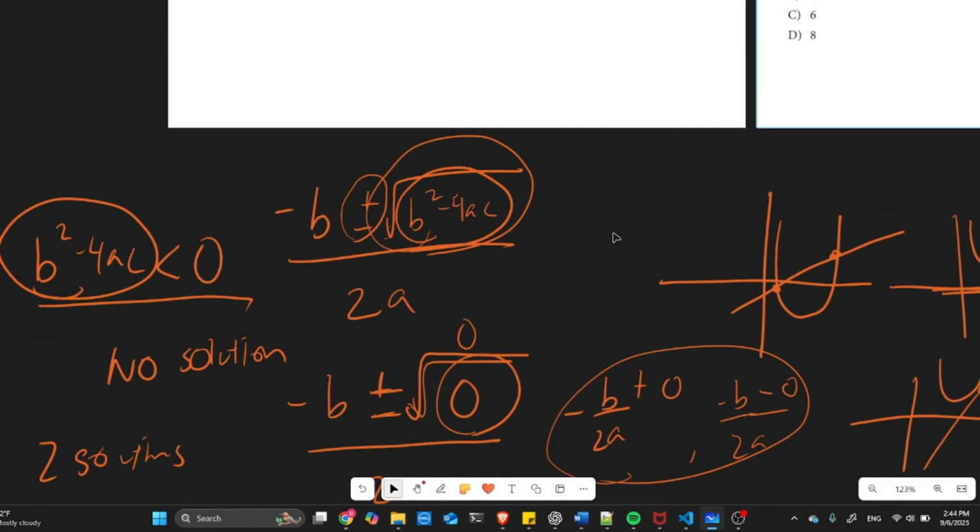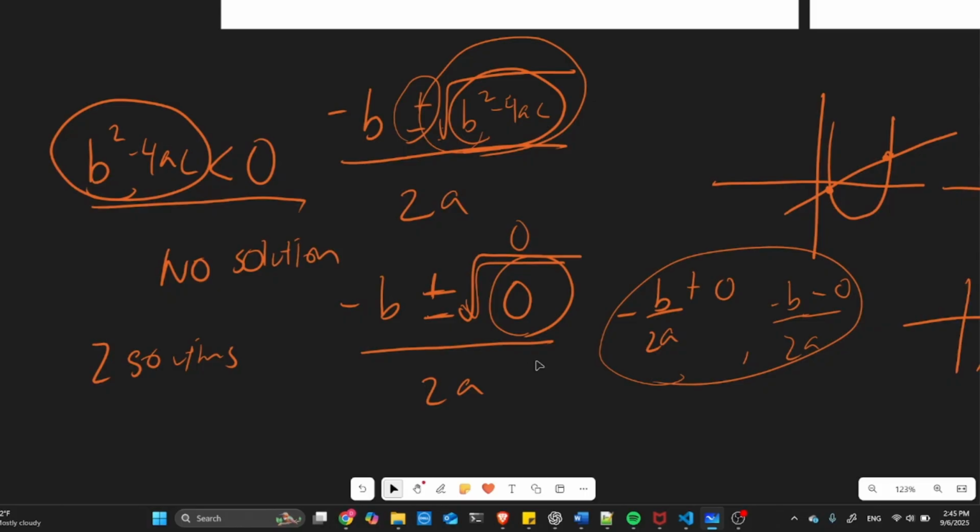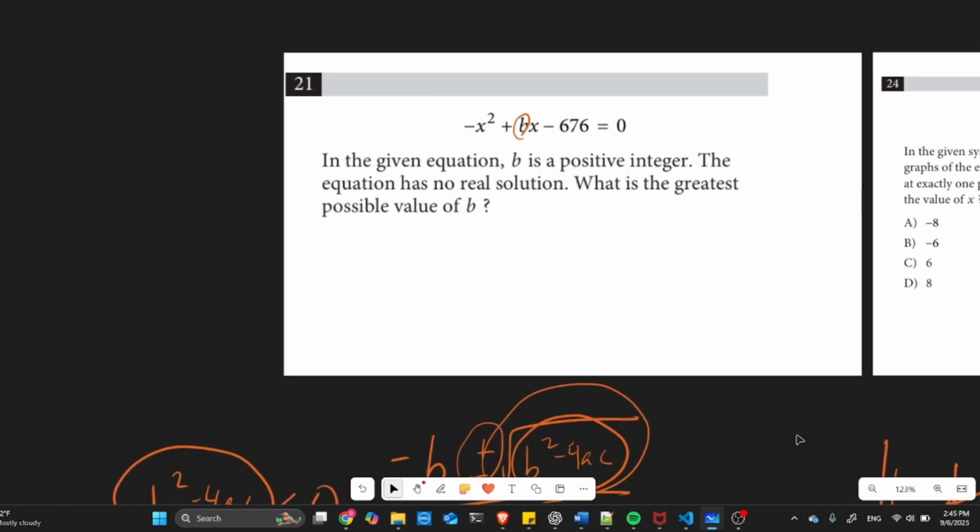And that's really all there is to it. And I want you to think about it, right? Don't memorize this, just think about it. In the square root, if it's negative, then there's going to be no solution, imaginary number, right? If it's 0, the reason there's one solution is because you're adding and subtracting 0, so it's going to be the same thing. That's why there's 1, right?